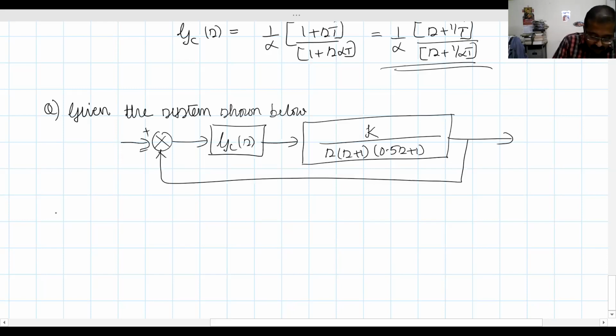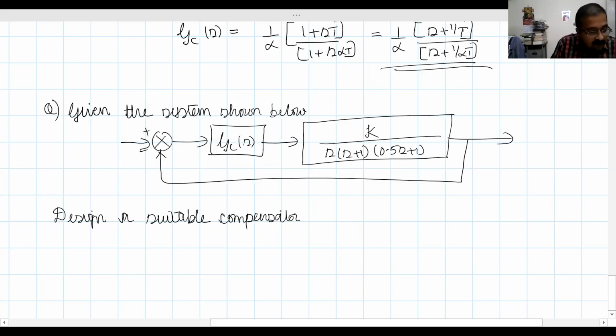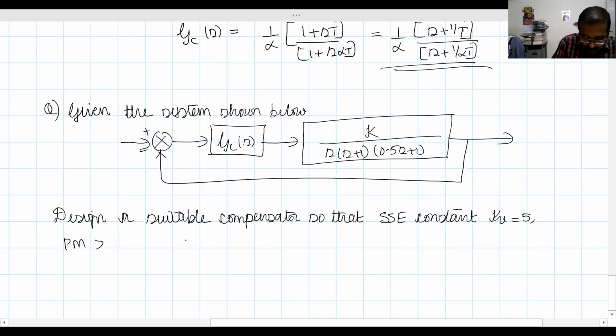Design a suitable compensator so that the steady state error constant KV is equal to 5, the phase margin must be greater than 40 degree, and the gain margin must be greater than 10 dB.